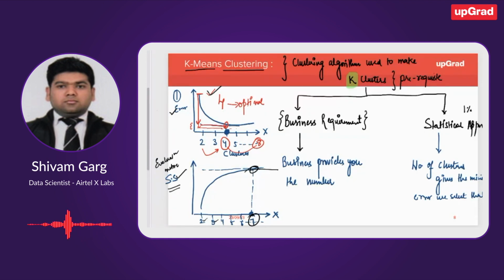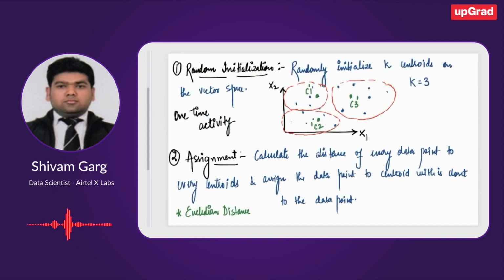Now let's jump on to the algorithm. Guys, this is now very, very, very important. Until now we were just understanding what we are studying, why we are studying, and what is the use of that. But now the algorithm part comes into the picture. So let's understand the working of the k-means clustering algorithm.